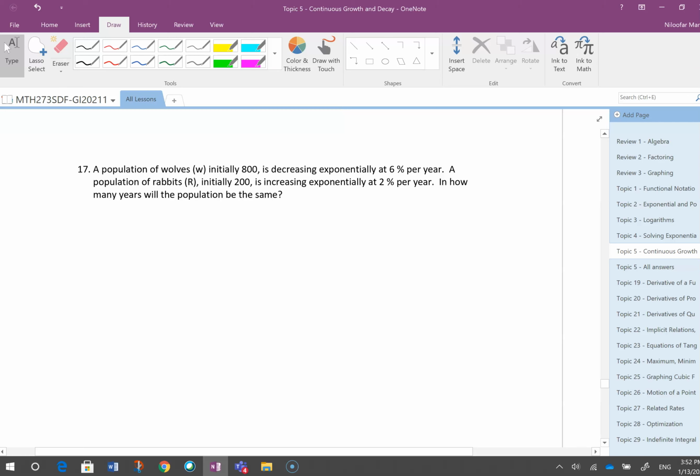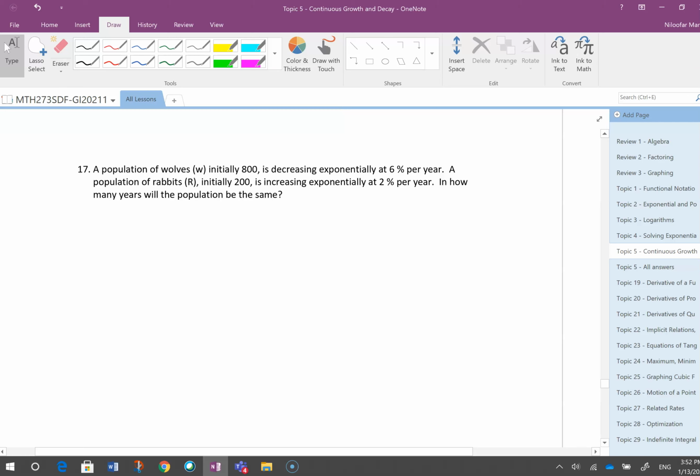A population of rabbits, initially 200, so it means another question. This one increases, 2% per year is going up. In how many years do I have the same population for both of them?